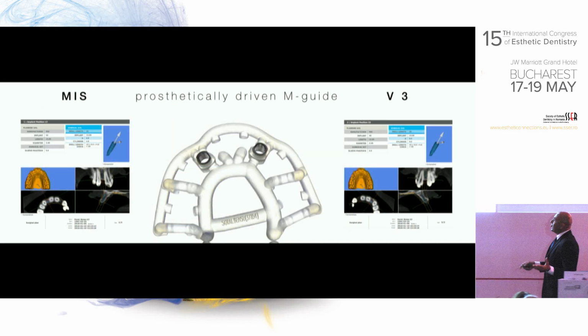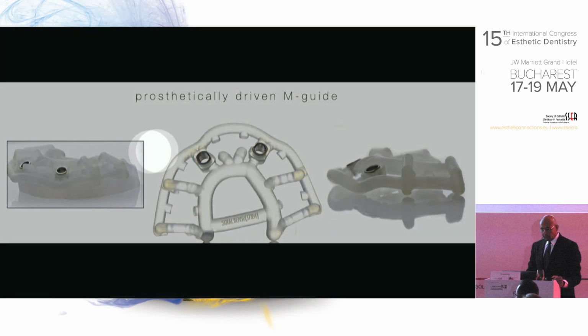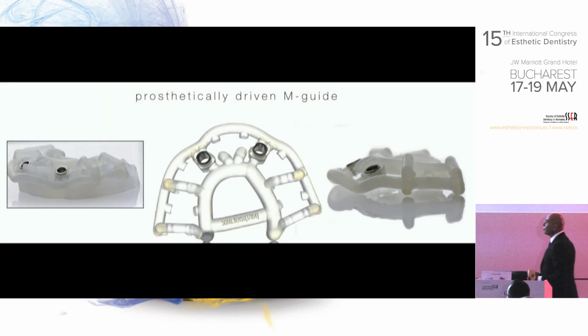So this is what I get from MIS, the prosthetically driven guide. And they send it in two pieces. One is the stereolithic model of the original mouth, and on top of that, you see here, the guide itself.